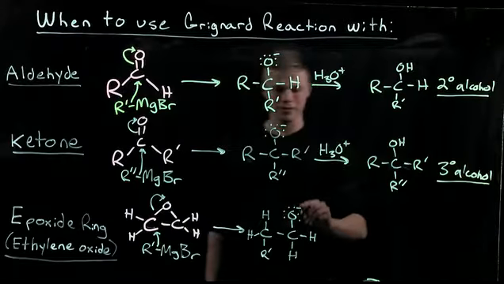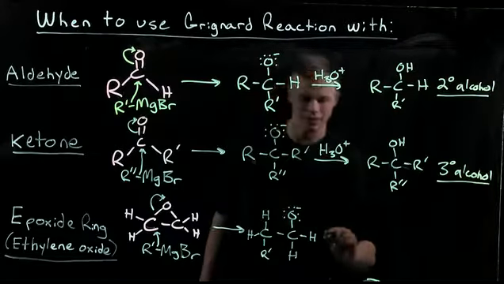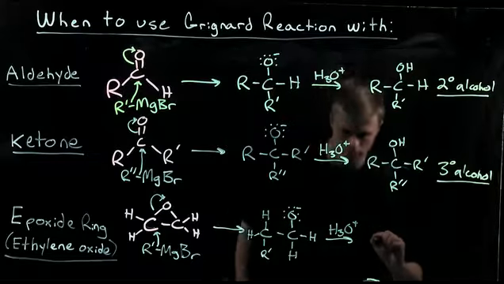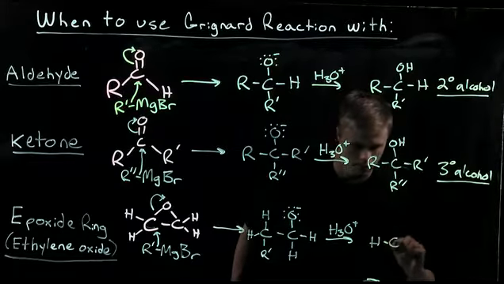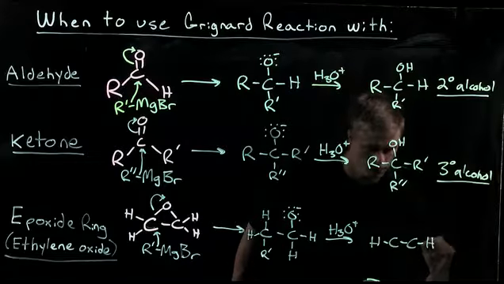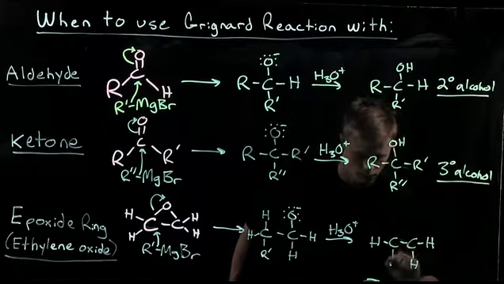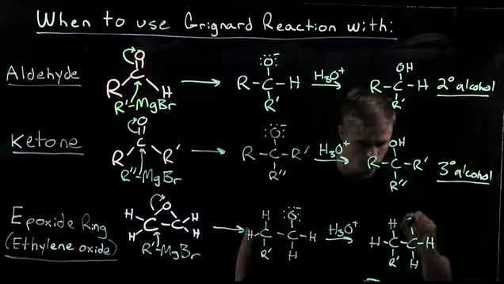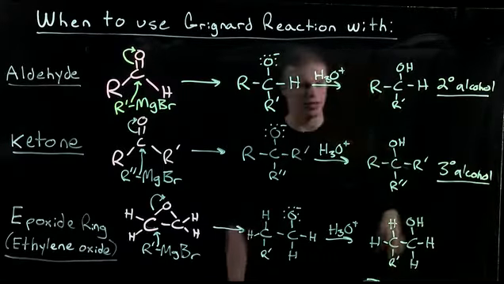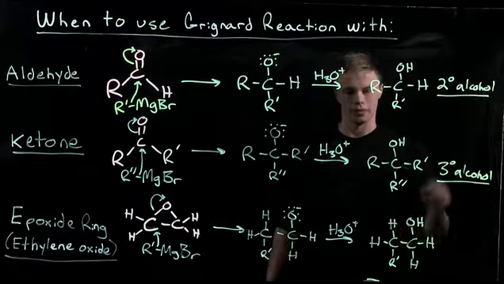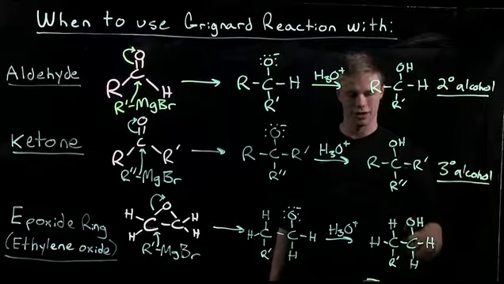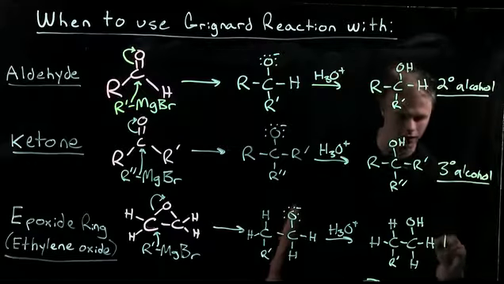Our last step here is to add the acid again. And this is one of the ways we can make a primary alcohol, since the carbon that has the OH on it does not have any substituent groups on it.